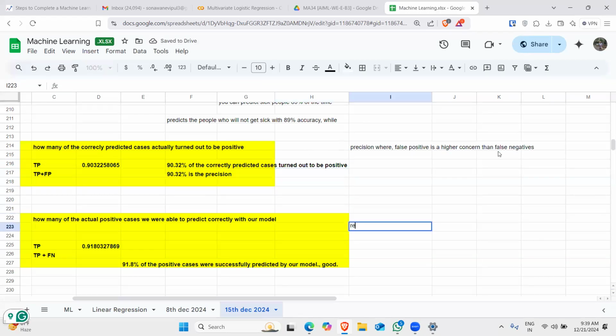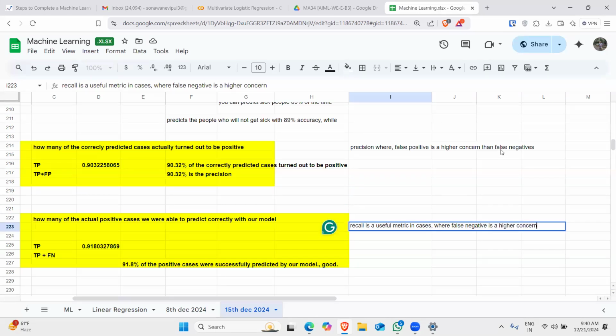And recall is a useful metric in cases where false negative trumps false positive. Means false negative is a higher concern.